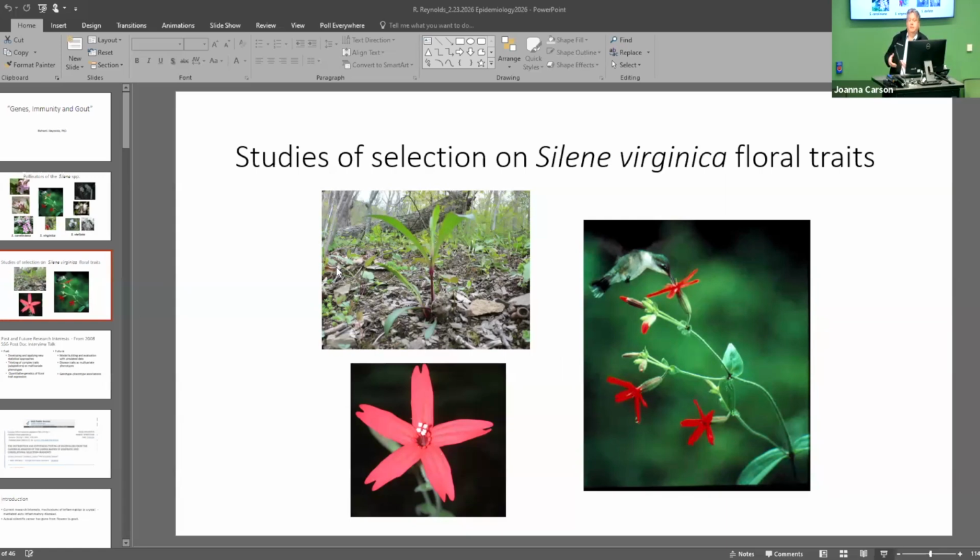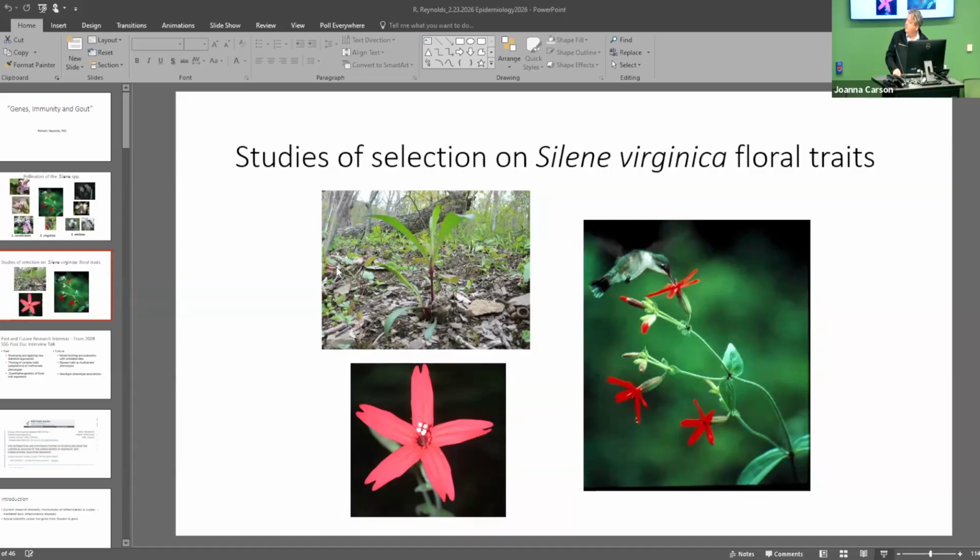I was interested in petal length, corolla tube length, and things like that, and then relating the patterns of selection that we detected to the major pollinators of the plants. It was a very quantitative PhD, I would say, and I took a ton of statistics, and I was really interested in that. Here's some more pictures. It's sort of like catnip for plant lovers, I guess.